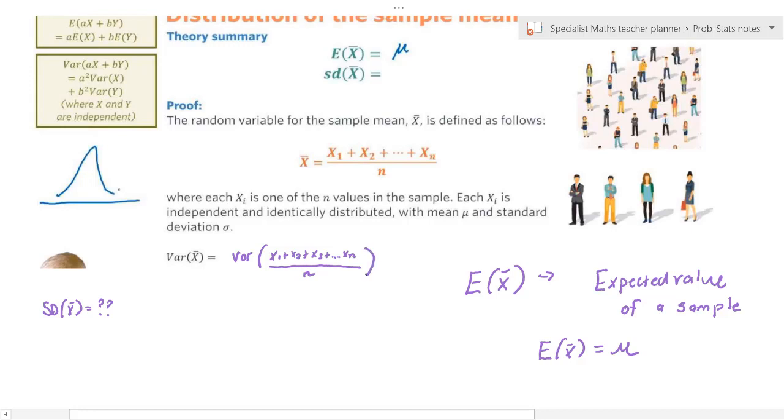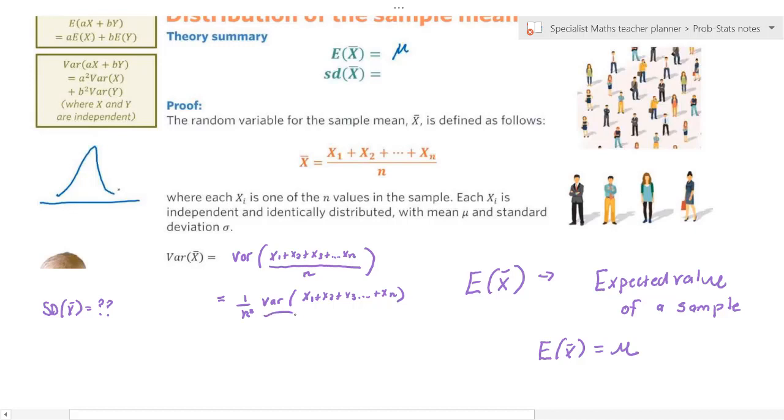If I take out 1 over n as a factor, then that squared is 1 over n squared, times the variance of x1 + x2 + x3 + ... + xn.